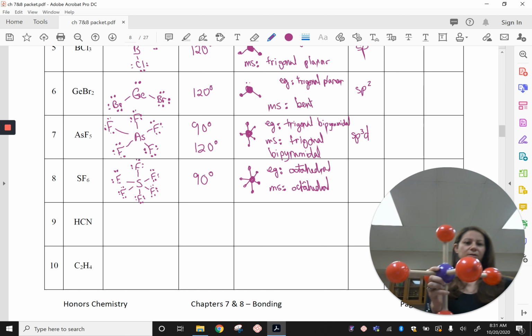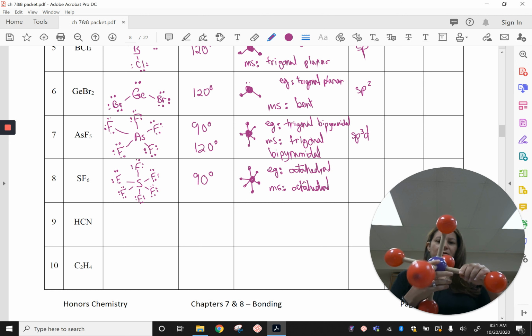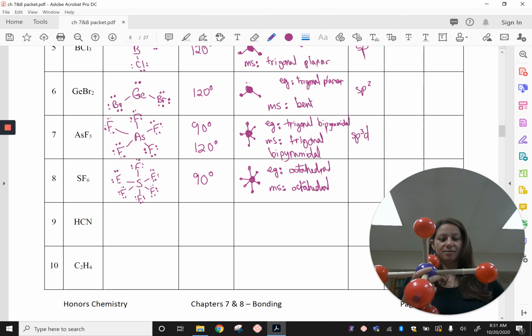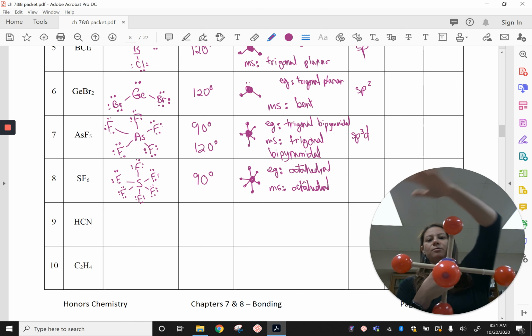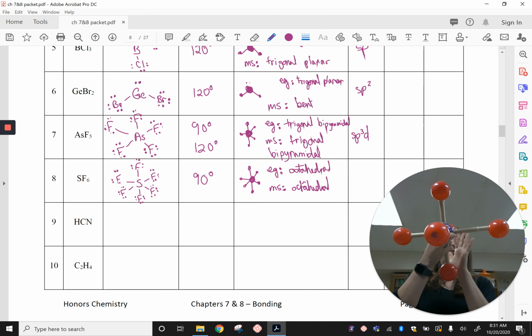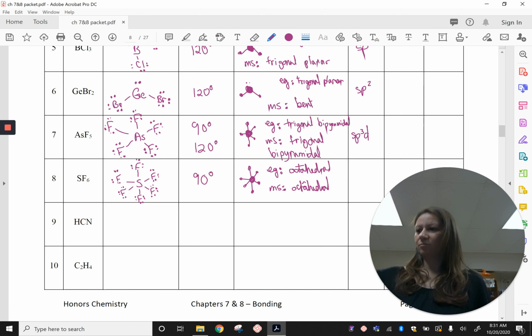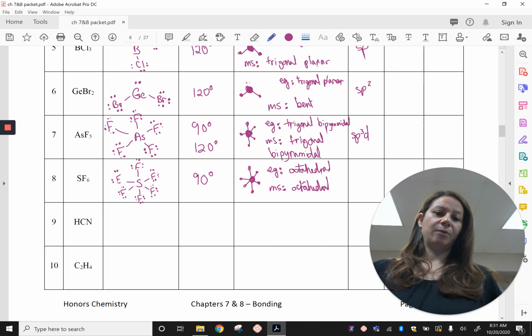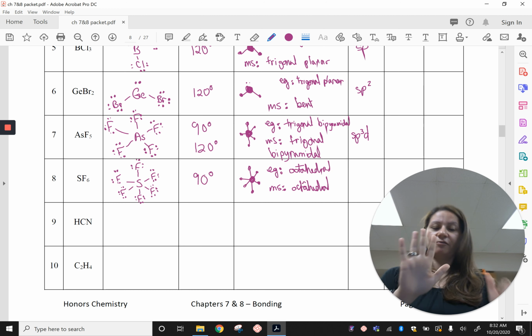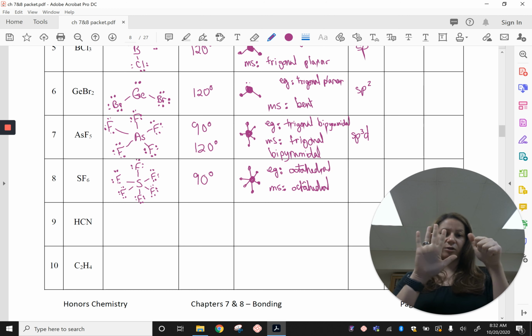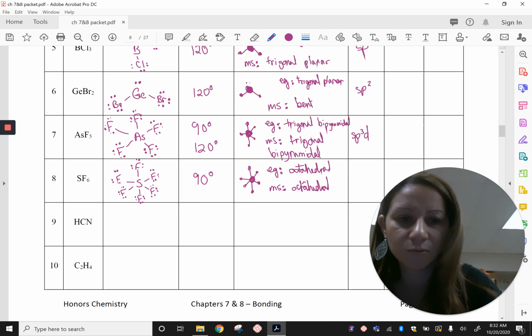And the octahedral means 8 sides. So there's 1, 2, 3, 4, and then on the bottom 5, 6, 7, 8. So octahedral. The hybrid, we have 6 orbitals that need to mix. So an S, 3 Ps, and then 2 Ds. So sp3d2.